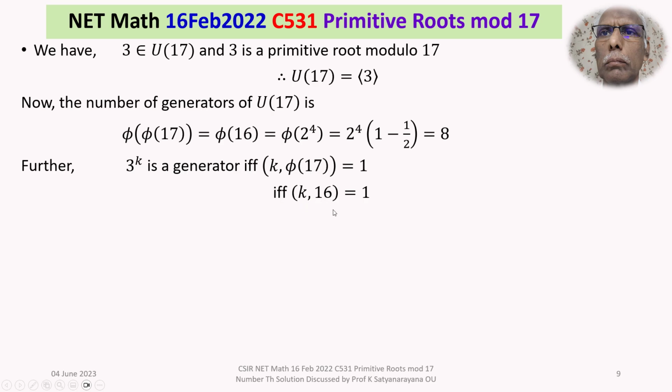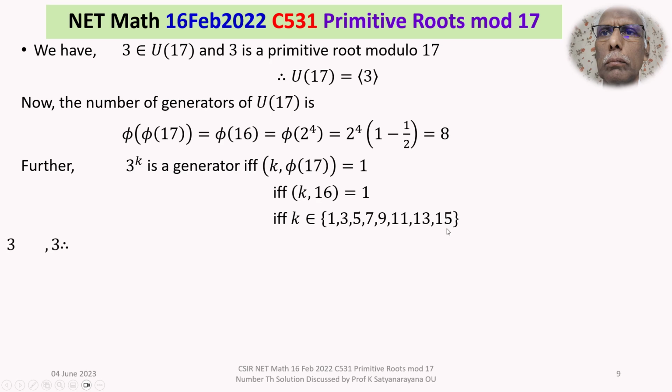So k is 1, 3, 5, 7, 9, 11, 13, 15. Suppose k is equal to 2, you take the GCD of 2 and 16, it is not 1, it is 2. Therefore 2 is not there, 4 is not there, and so on. The remaining ones are not there. So k belongs to these 8 numbers.